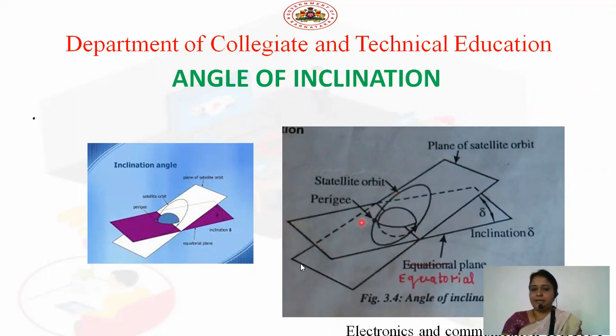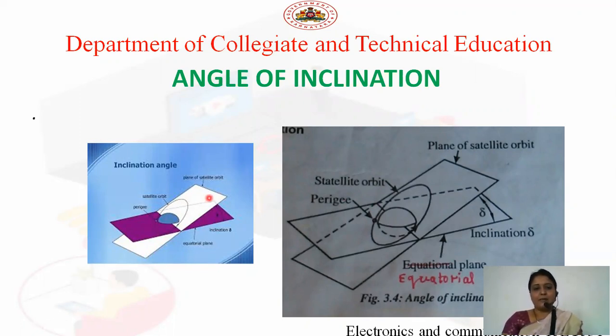Now this is the plane of the satellite revolution, where the satellite is rotating. Now the angle between these two planes, the equatorial plane and the plane of the satellite orbit, is called the angle of inclination. Here also you can see this purple color represents the equatorial plane and this white color represents the plane of the orbit.